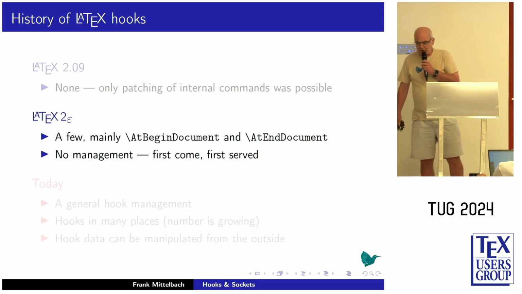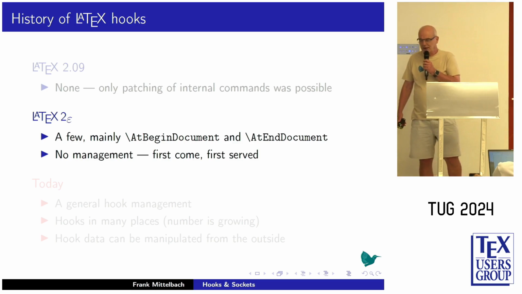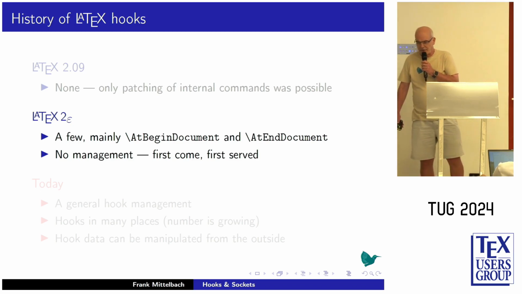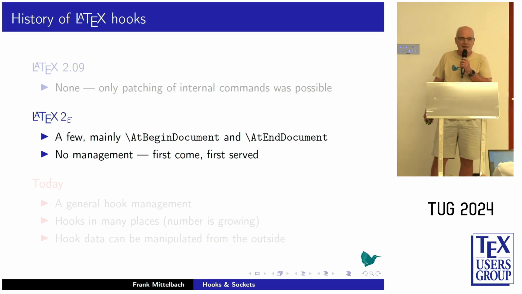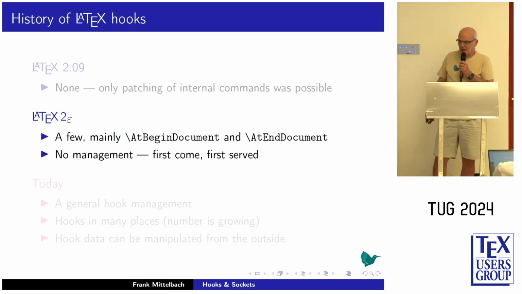When we introduced LaTeX 2e 30 years ago, we tried to make this a little bit better, and we introduced a few hooks, basically one at the beginning of the document and one at the very end of the document, and offered some possibility to add stuff there at begin document, at end document, but not much more.